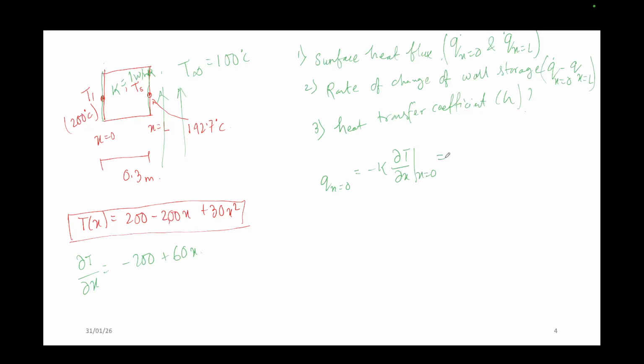So here, minus k, where k is given as 1, and del T del x at x equal to 0, you have to put minus 200 plus 60 into 0. That means your 200 is your heat flux. Similarly, find this one and tell me what the answer is.